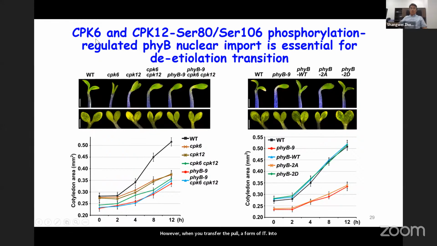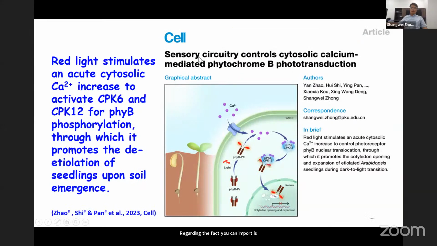Therefore, we show that CPK6 and 12, through this two-site phosphorylation, regulate phyB nuclear import, which is essential for the deetiolation transition. In summary, in this study, we've shown that when seedlings emerge out of the soil, red light will stimulate an acute cytosolic calcium increase to activate CPKs.